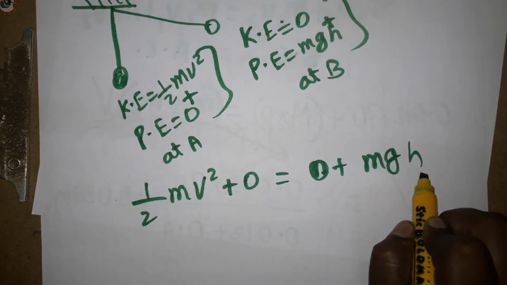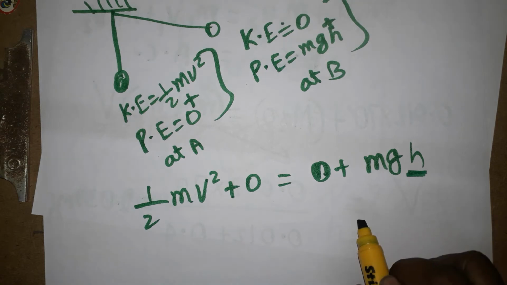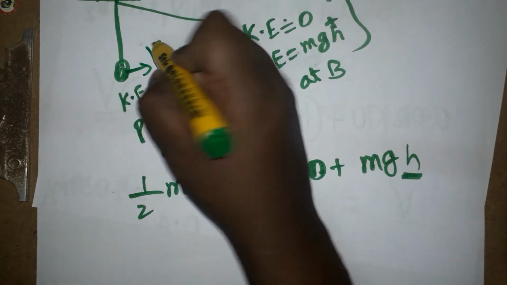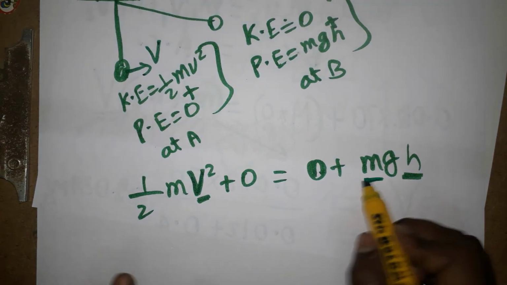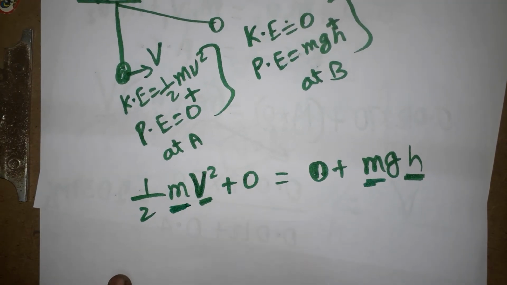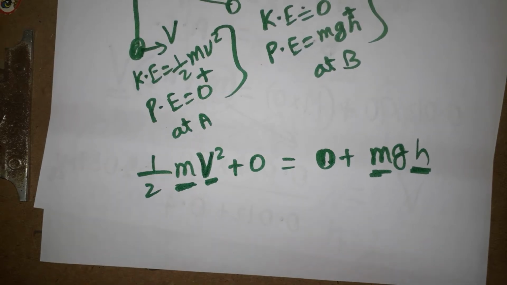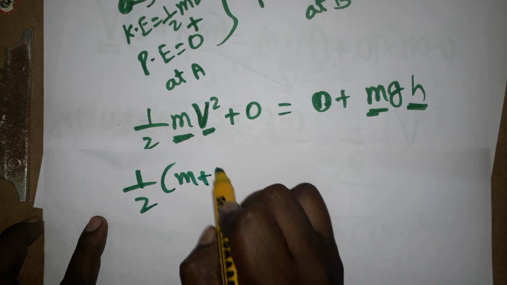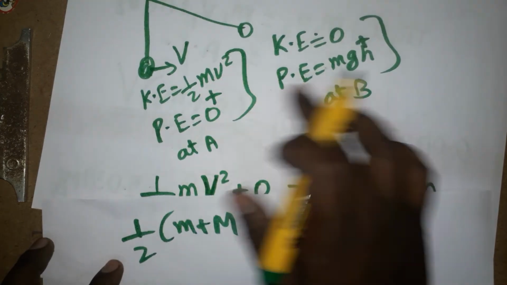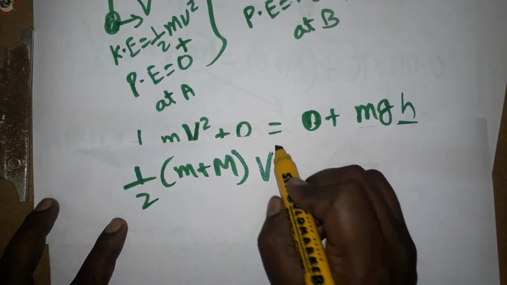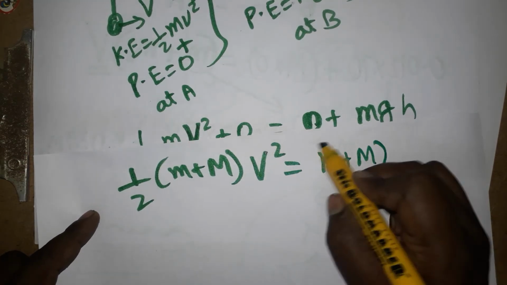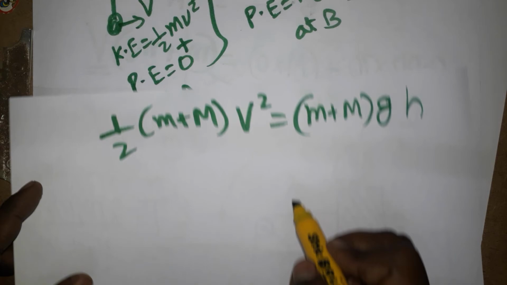Only the height we need to find, but we already know the capital V velocity of both together. It is the total mass, not a separate mass, bullet and block together, small m plus capital M. So small m plus capital M into V square is equal to small m plus capital M into gh.